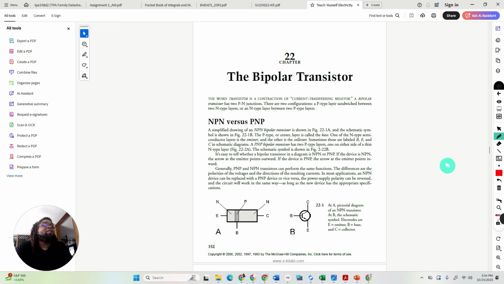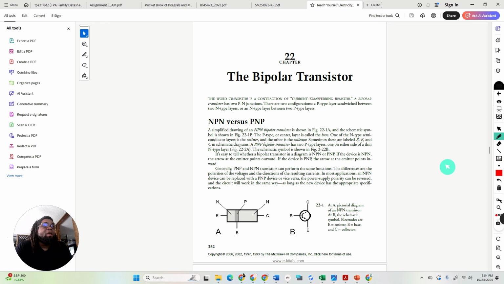Basically, transistors and diodes are doped, meaning they're given a certain charge. The silicon is given a certain charge and it keeps that charge. So an NPN is doped negative, positive, negative, versus a PNP, which is doped positive, negative, positive.